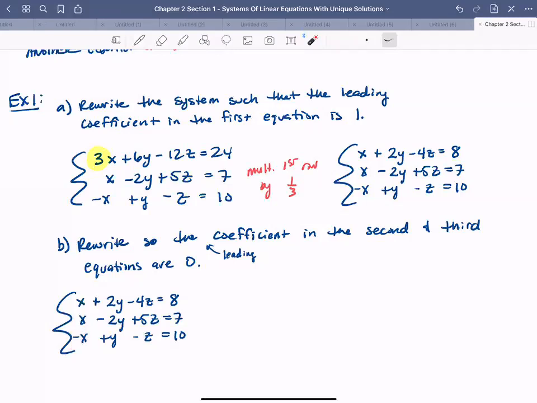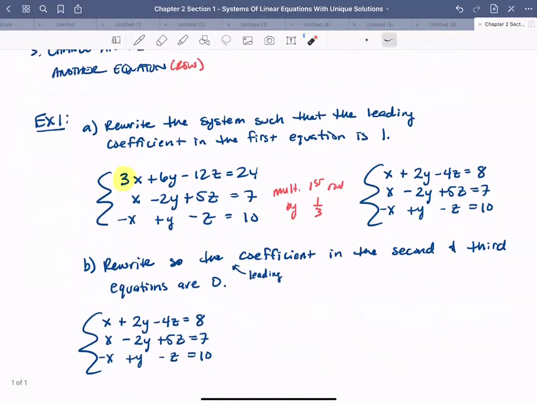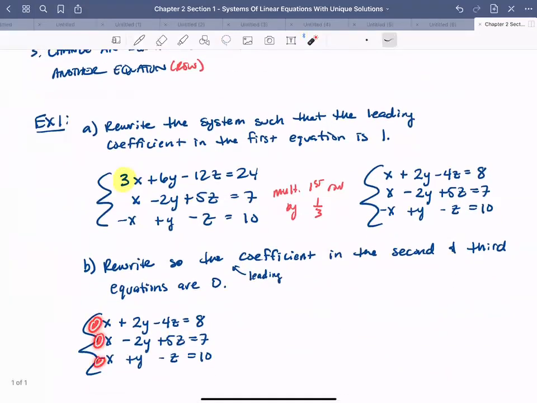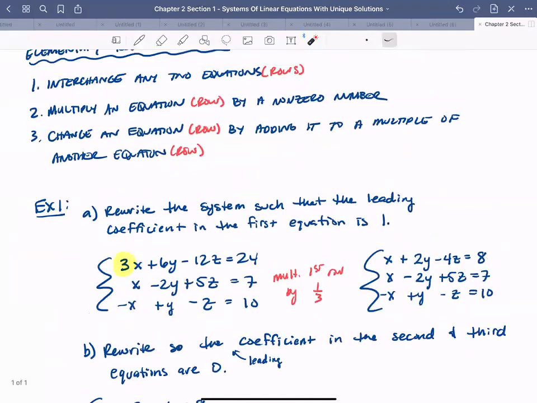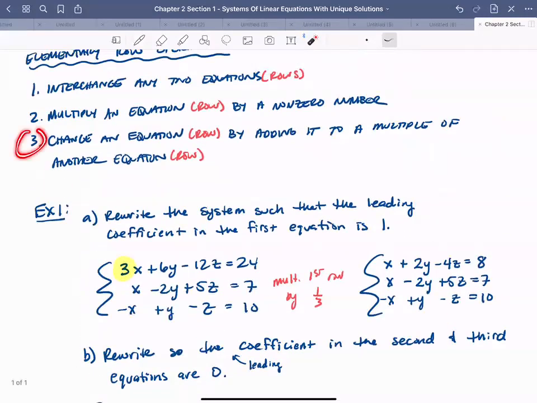Now, in our elementary row operations, not saying steps is an order we do this, but we can't interchange any equations because there's nothing with a 0 coefficient out front. Next is multiply an equation by a non-zero number. We can't necessarily do this because the only way to make a 1, or any number, be 0 when you're multiplying is to multiply by 0. It has to be a non-zero number, which leads us to the last one.